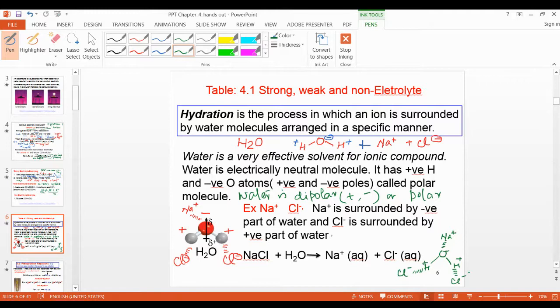And the definition of hydration is simple. You will write: any compound, metal and non-metal, dissolving into water, that process is known as hydration, right? And the different ions are surrounded with different charges. Sodium plus in the water molecule is surrounded by oxygen minus.